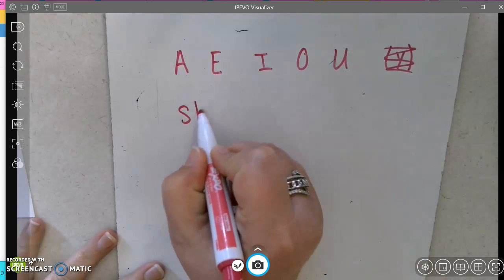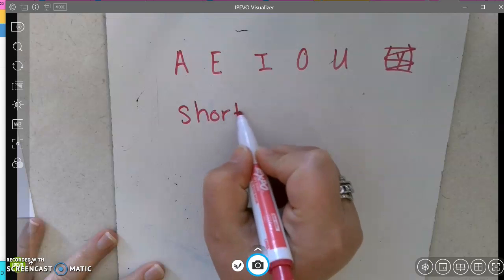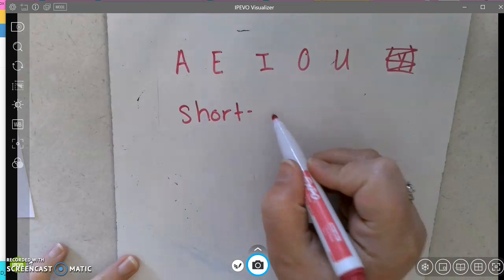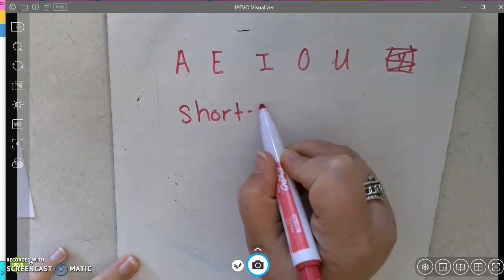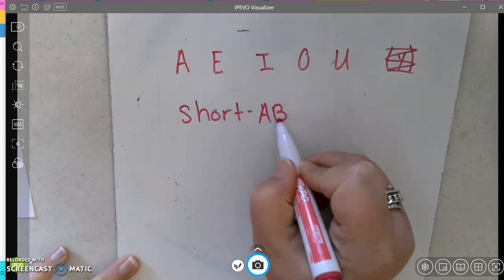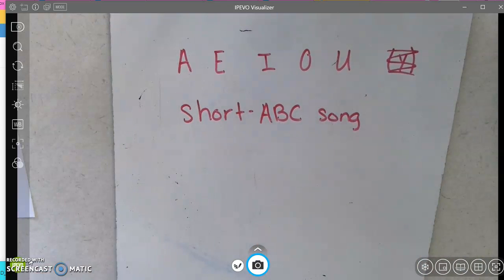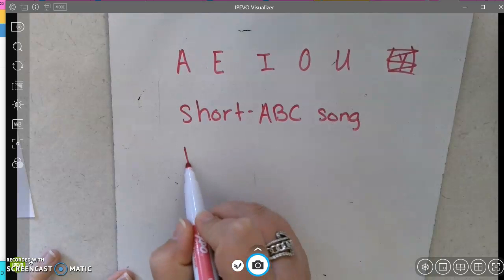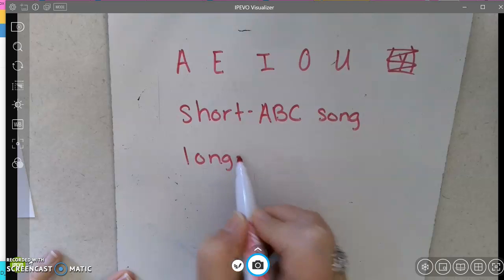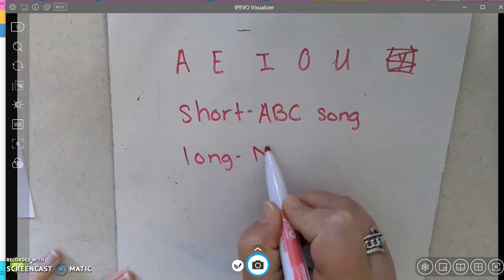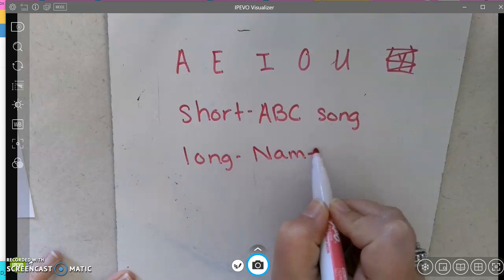When we say, what is the short sound? That is usually the sound that we think of when we think of the ABC song, okay? We say A, apple. But when we talk about the long sound, each one of these vowels says its name, okay?